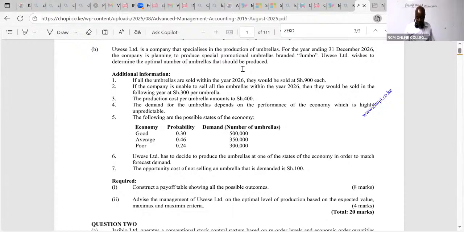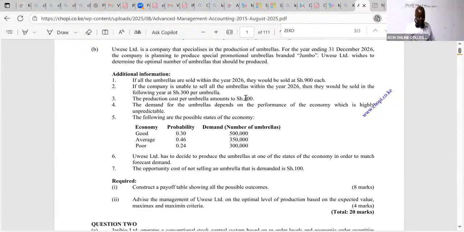If all the umbrellas are sold within the year, when you are very lucky, they would be sold at a very high price of 900. If the company is unable to sell all the umbrellas within 2026, they would be sold in the following year at a very low price of 300.